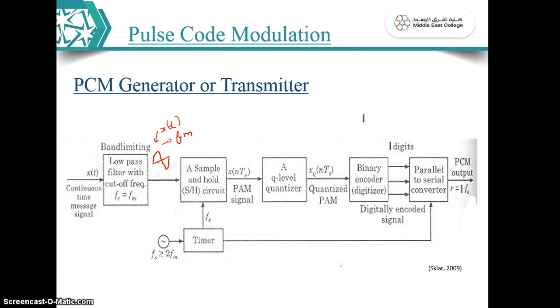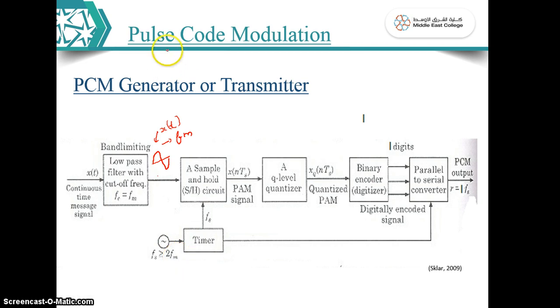Next is the sample and hold circuit. It samples the signal at the rate Fs, where Fs should be greater than or equal to 2 FM. A timer control is provided from here so that the sample and hold circuit works in such a way that Fs is greater than or equal to 2 FM.